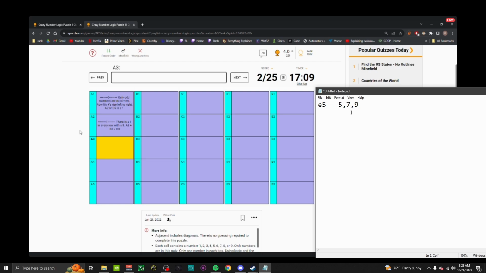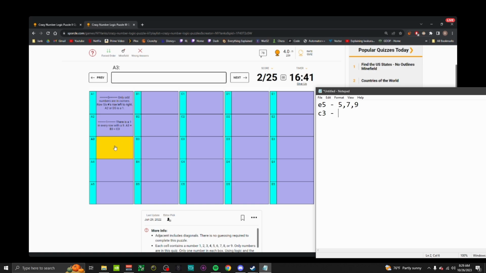A3 plus B3 is less than C3. I don't really know how that helps us get corners at all. So C3 is greater than A3 and B3, which means it has to be at least 3. But actually it has to be bigger than 3 because A3 can't be 1.